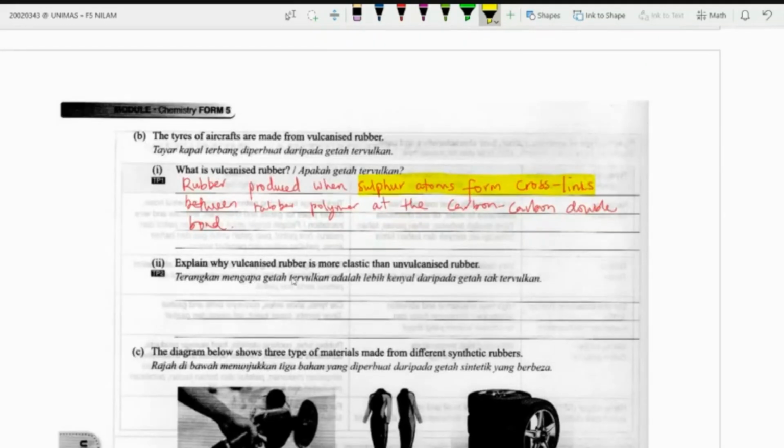Now explain why the vulcanized rubber is more elastic. I explained just now already: it can extend, and then it will return to its original length after the weight is removed. Then why is it more elastic?